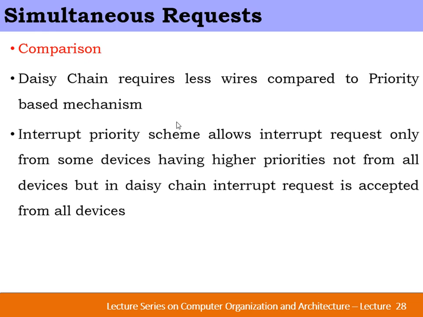One more thing is that in daisy chain there is no individual interrupt request line and interrupt acknowledgement line, hence the number of wires is less compared to the priority scheme. So this is the comparison between the daisy chain scheme and the interrupt priority scheme.